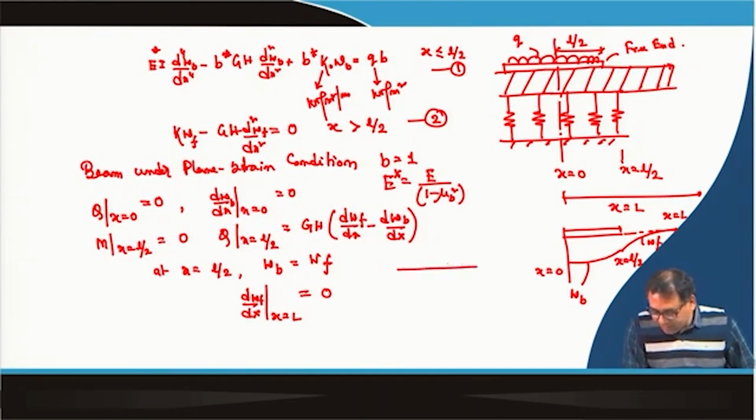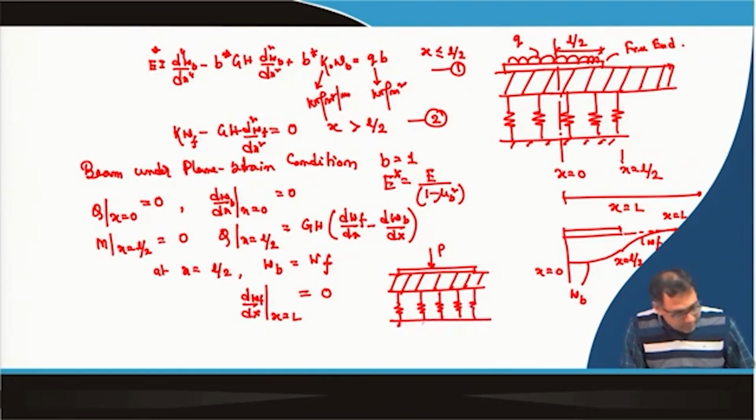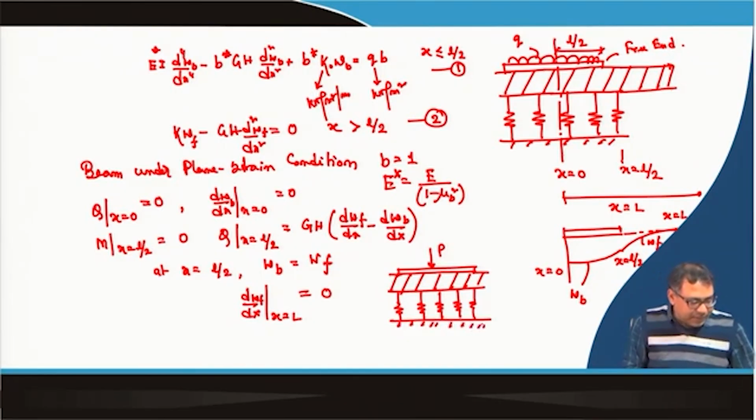Suppose you have a beam which is resting on a 2 parameter model and it is subjected to a concentrated load at the center. So, how can we use the boundary conditions?